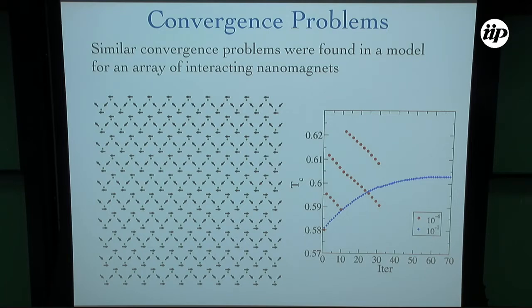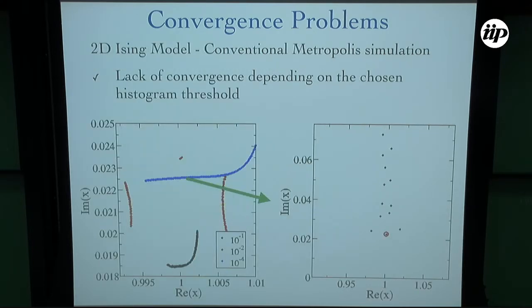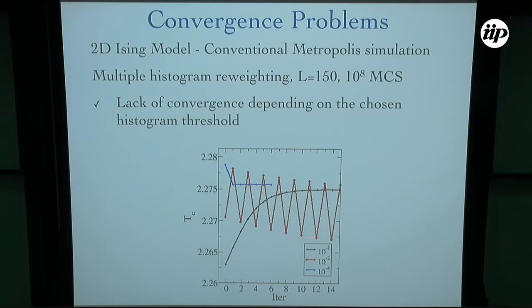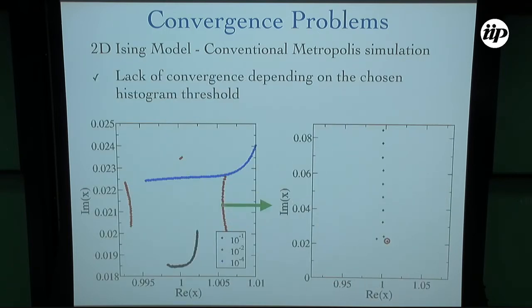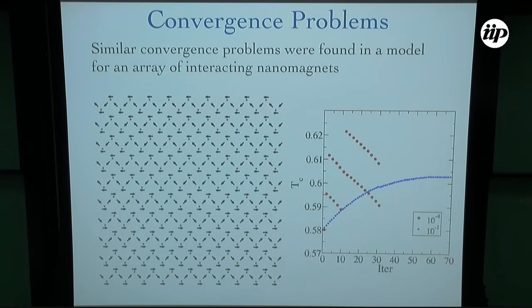And I proposed to Rodrigo, let's try to use the zeros for this problem. And what he found is that for some values of the parameter that he chose, it doesn't converge at all. So it's very similar to what happens for the XY model. And I'm starting to study even another system that seems to have the same problem. Our main suspicion right now is that it has to do with small fluctuations in the polynomial.